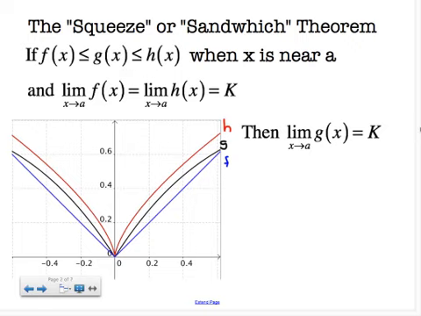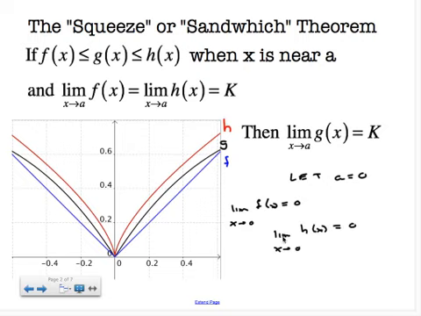Now, let's look at x equals 0, so in other words, let a be 0. It looks to me that the limit as x goes to 0 of f of x is equal to 0. And it also looks to me like the limit as x goes to 0 of h of x is 0.